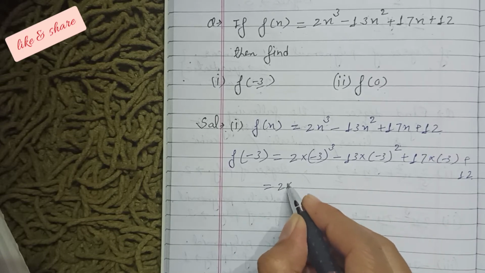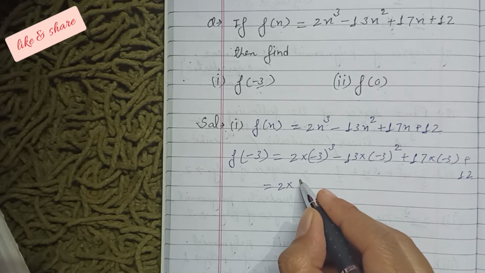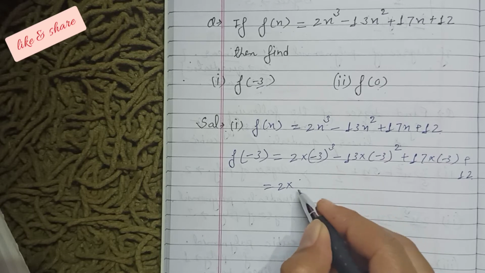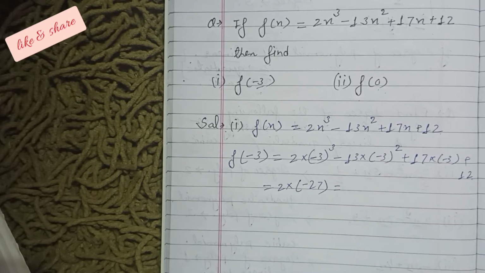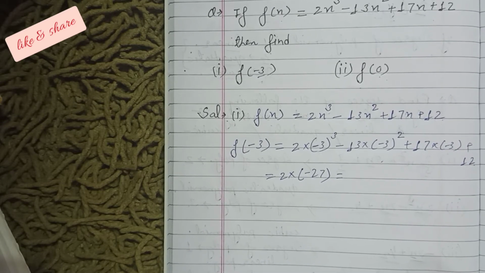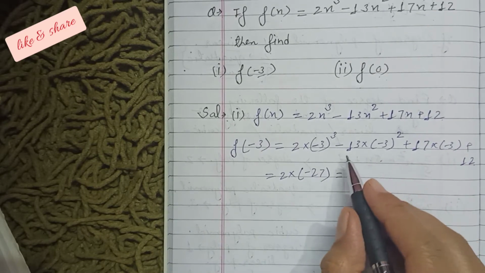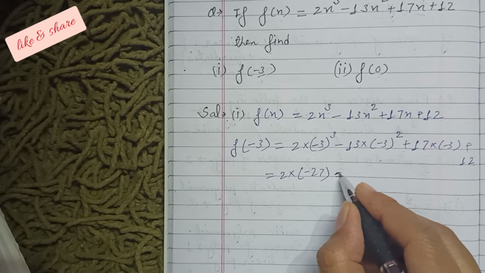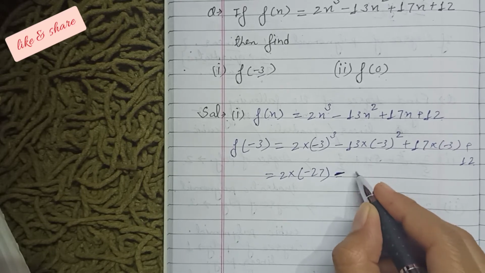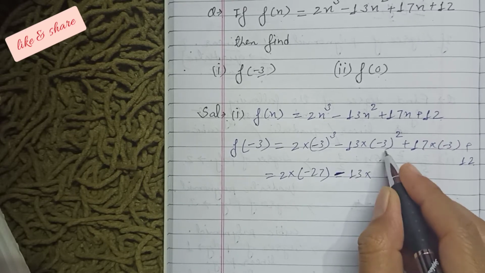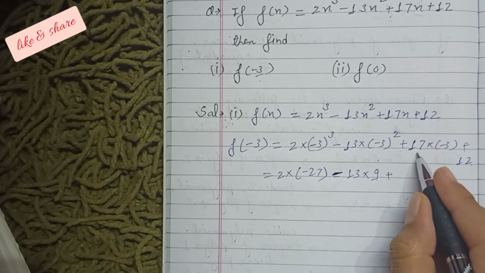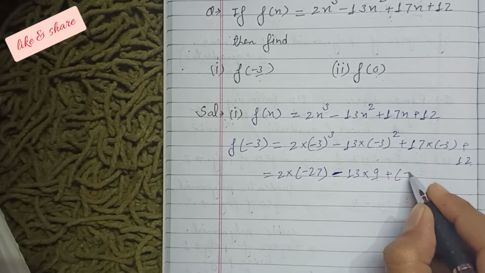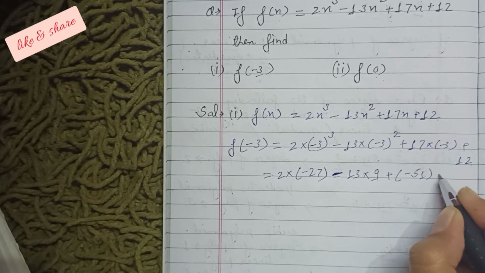Next, 2 into the cube of 3, which is 27, and since it is a cube, it will be −27 because the minus sign gets multiplied 3 times, so it will become negative again. Sorry, it is minus 13 into the square of −3, which is 9, plus 17 into −3, it is −51 plus 12.